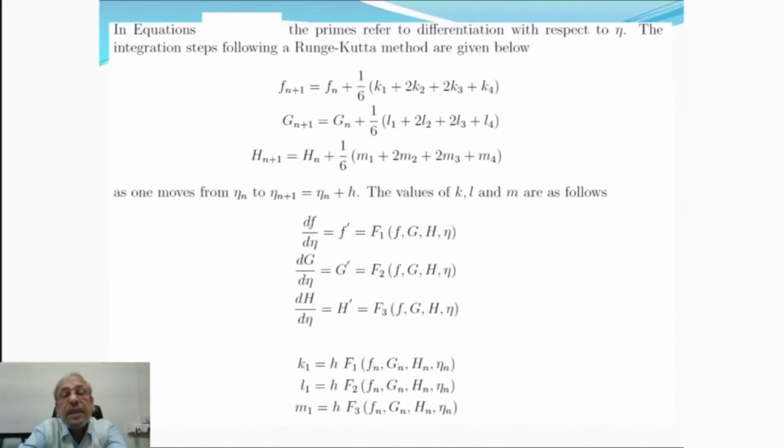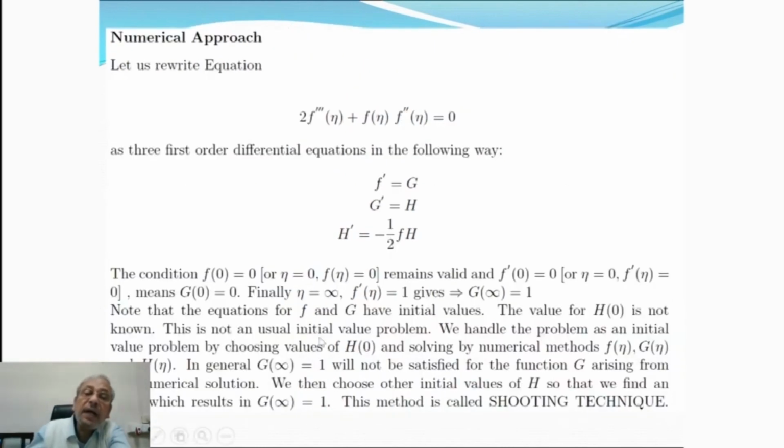And this shooting technique is implemented through numerical integration following the Runge-Kutta method. That means, as I said, if we know f naught, we can find out f of eta.